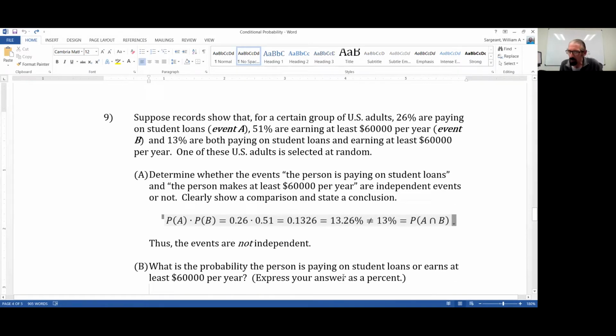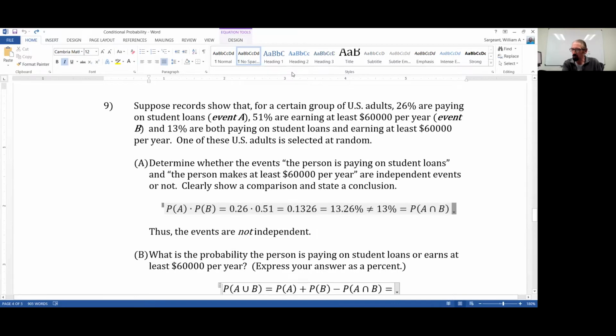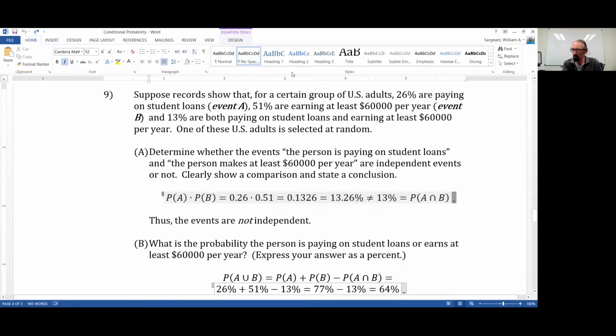What's the probability the person is paying on student loans or earns at least $60,000 per year? Give you a moment to reread that. One option is to use the general addition rule. That 13% was what we had in the intersection.